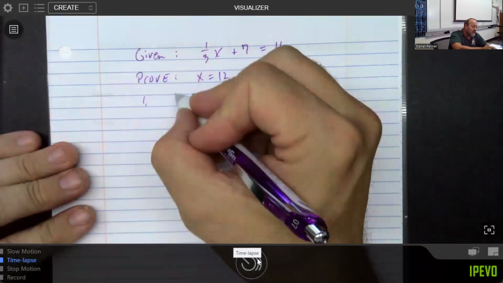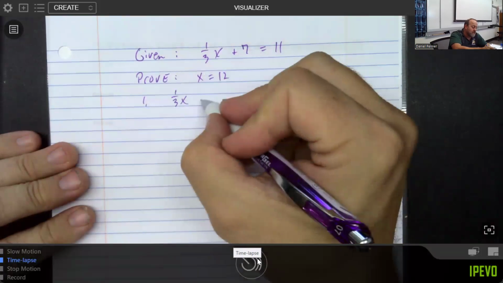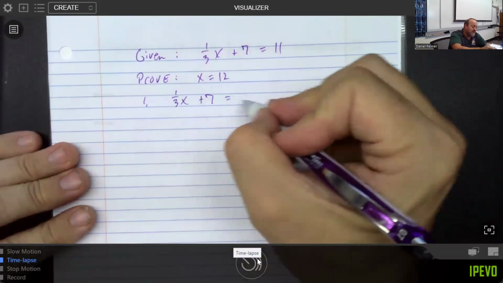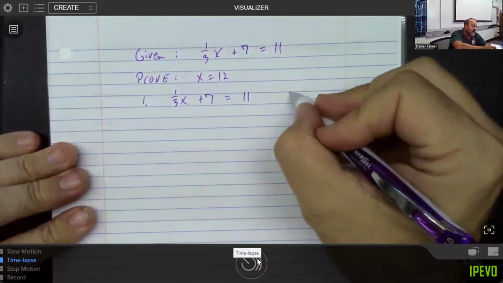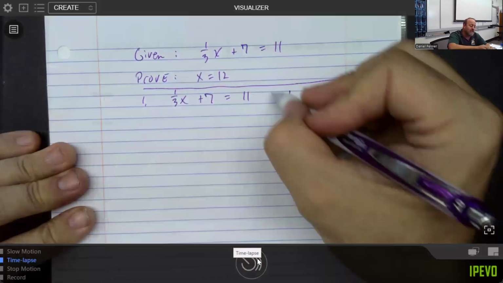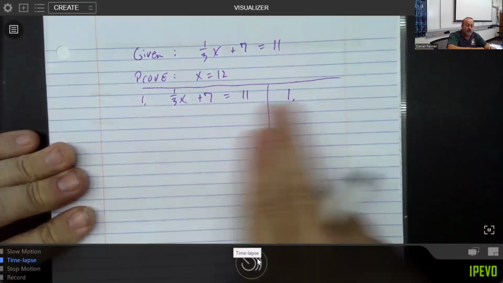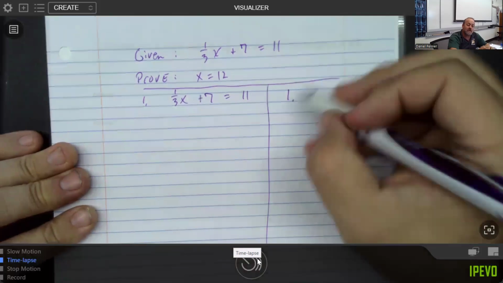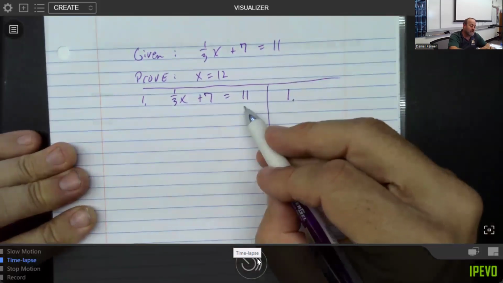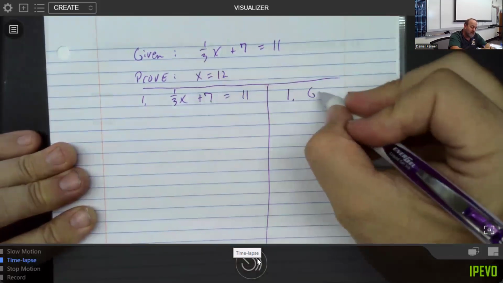So the first thing that we would normally do is choose to write the original statement. And I always have to have some kind of a justification. I have a statement over here. I have a justification over here. And my justification for this being true is that I told you it was true, that that was the given information.